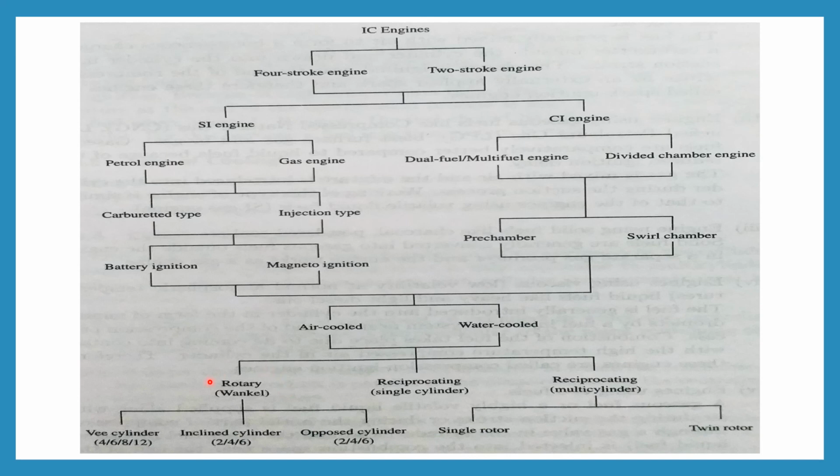The rotary engine can be classified into three ways: V cylinder, inclined cylinder, and the third one is the opposed cylinder. And for the reciprocating, there are two types, single rotor and twin rotor. So these are the basic classification of the IC engine.